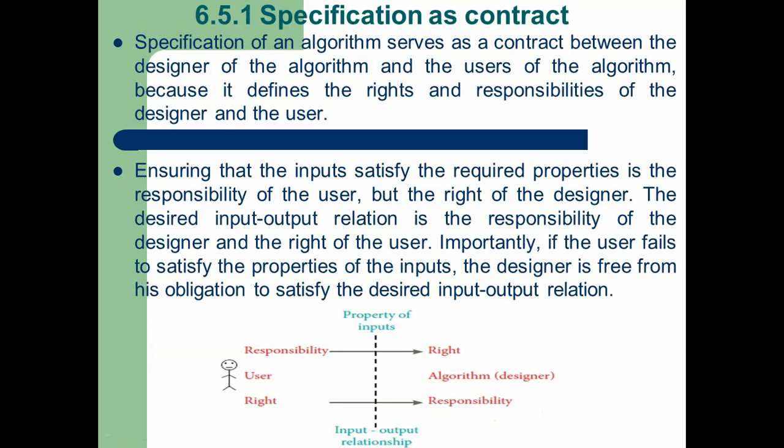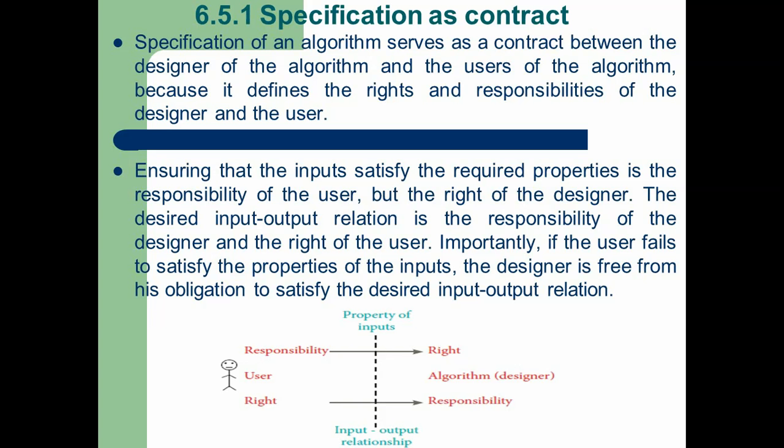Next, specification as contract. So as a programmer, when we try to develop any software, the customer will give all the necessary inputs or requirements or any detail related to the problem to the programmer. At the time of the beginning of the algorithm, we identify the specification.